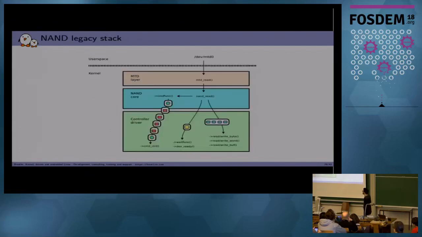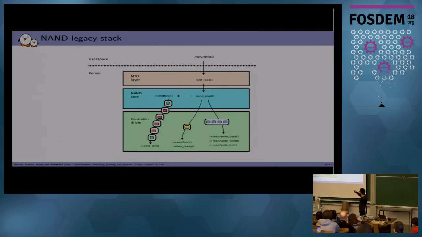In terms of software, I don't know if you can see, it's a bit blurry, I'm sorry. Let's say you want to make a read on the NAND device. From user space, you will use the /dev/mtdx device.